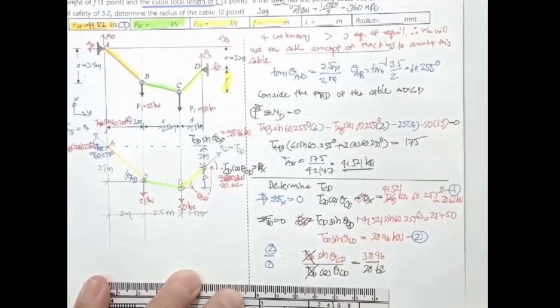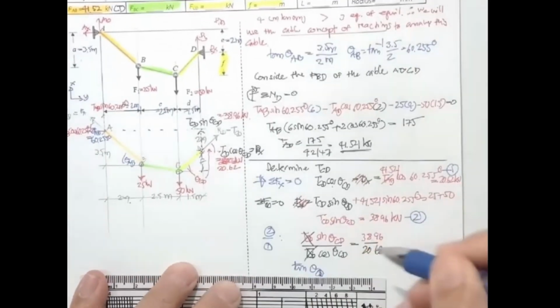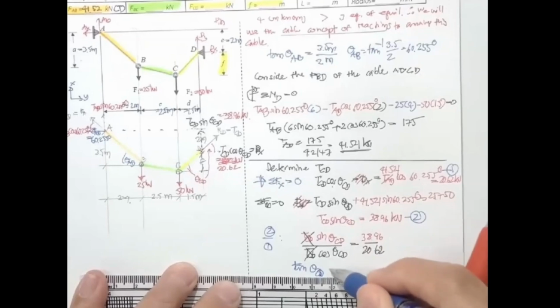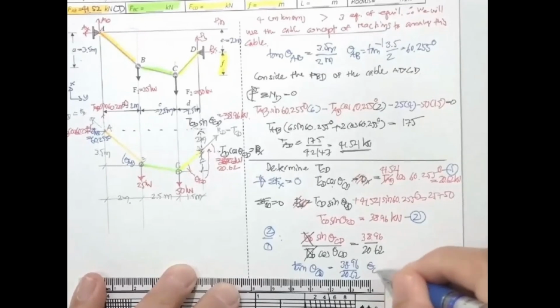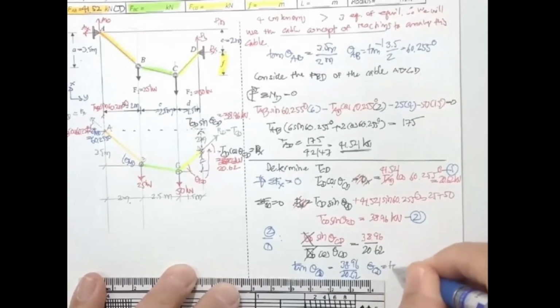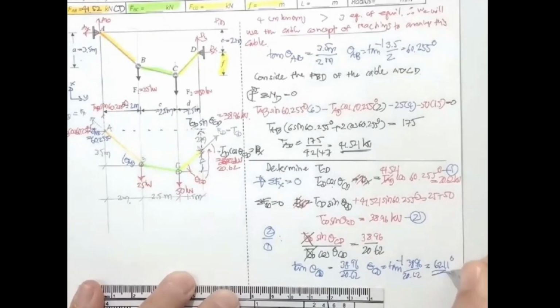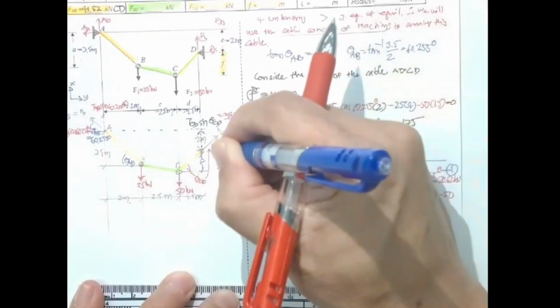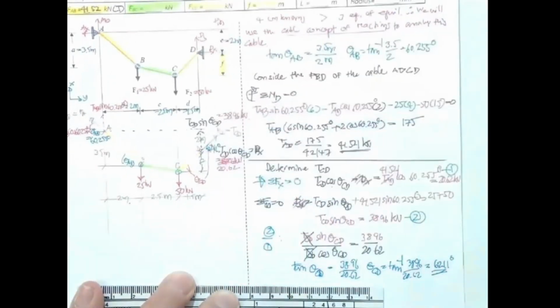You will get tan of theta sub CD equal to 38.96 divided by 20.62. So theta sub CD is going to be arctan of 38.96 divided by 20.62. And then you're supposed to get this one to be 62.11 degree.